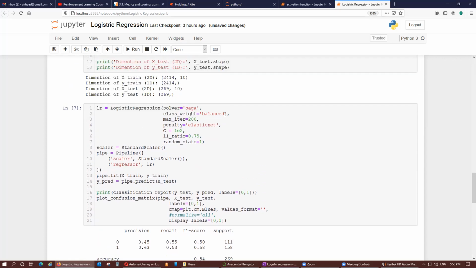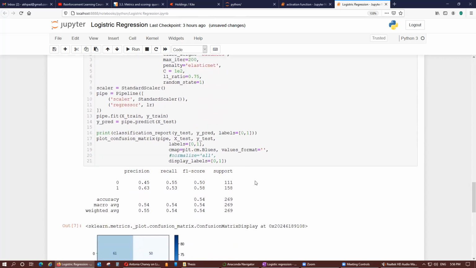So here balanced means that during the training, whichever class has more instances, here you can see 111 and 158, it will balance out. When we have a larger number, it will put a penalty on this. It will give more focus to the smaller numbers.